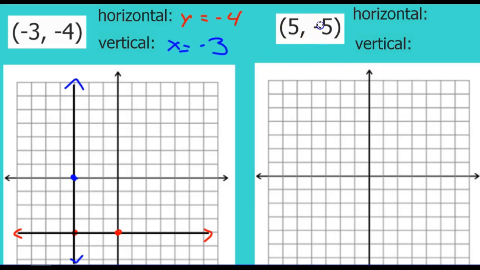Over here, if we count out our point, we have 1, 2, 3, 4, 5, down, -1, 2, 3, 4, 5. So we're going to look for our horizontal. Our horizontal goes side to side through our point.